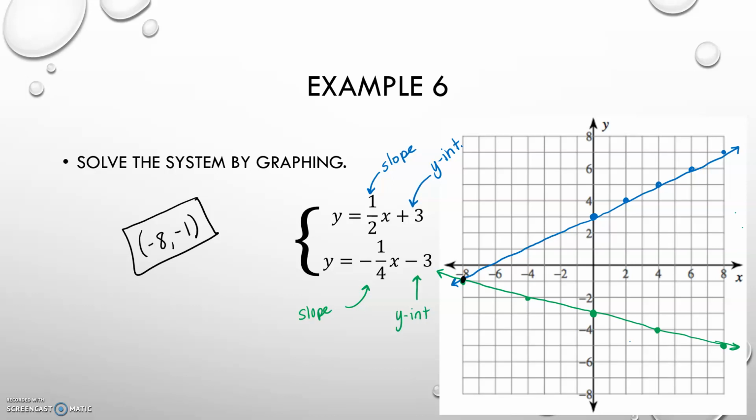We are going to practice with it, but we are going to start with some other methods of solving systems of equations that will be algebraic. We're going to look at substitution and elimination, and they're just more reliable because they don't rely on us graphing.